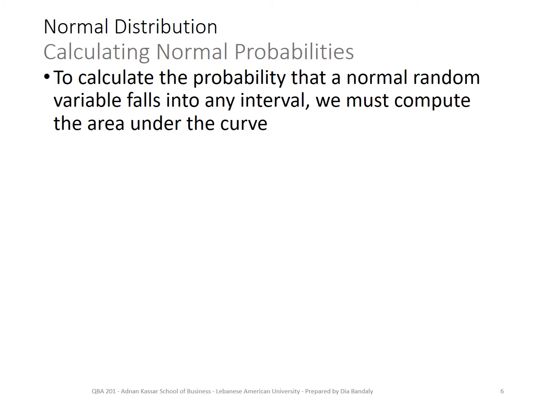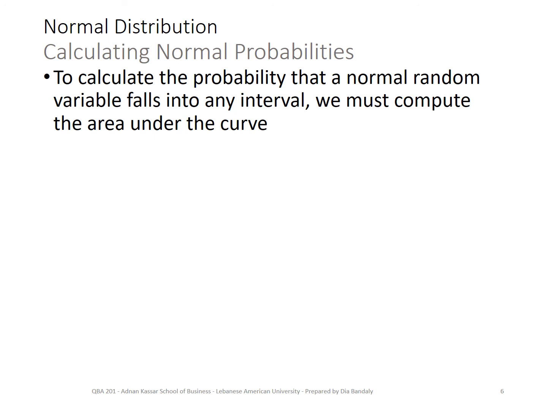So now that we have learned about the nature of the PDF of a normal distribution, and we know that the area under this curve can be used to find the probability of a range of values of x, let's see how we are going to do it. We have already learned that the PDF function is very complex.